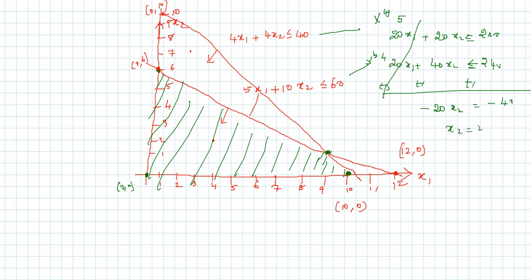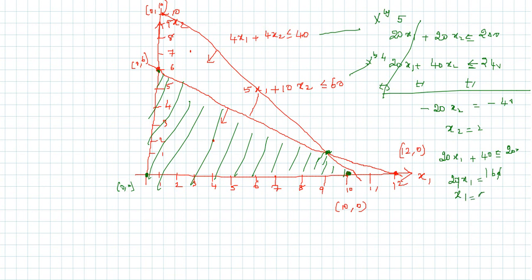When you apply x2 as 2 in this equation, we'll get 20x1 plus 40 equal to 200. So 20x1 is equal to 160 and x1 is equal to 8.